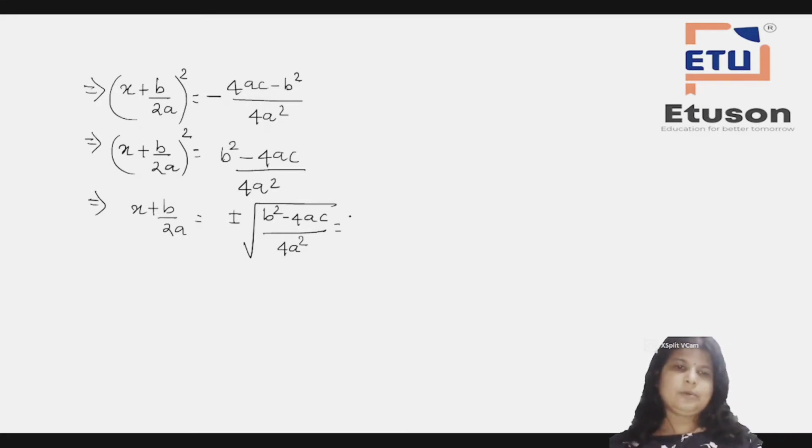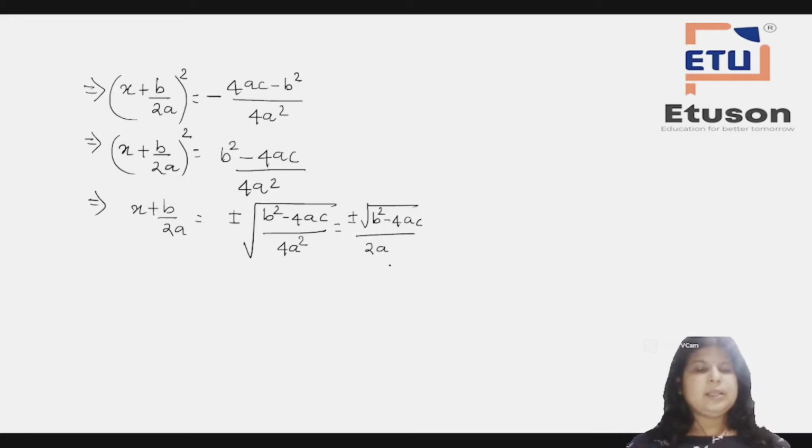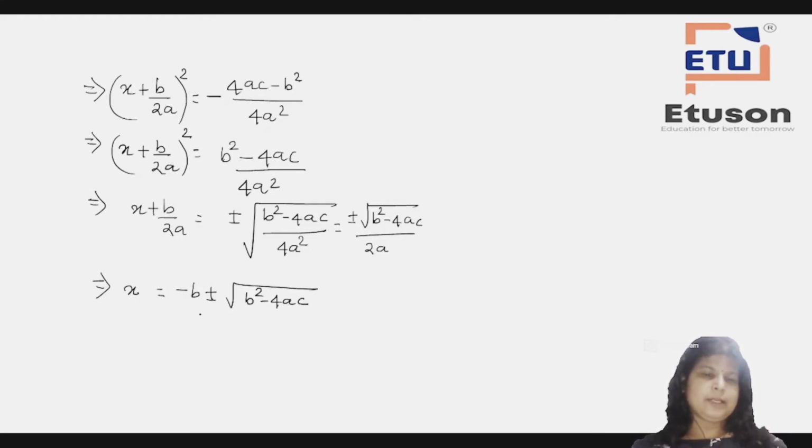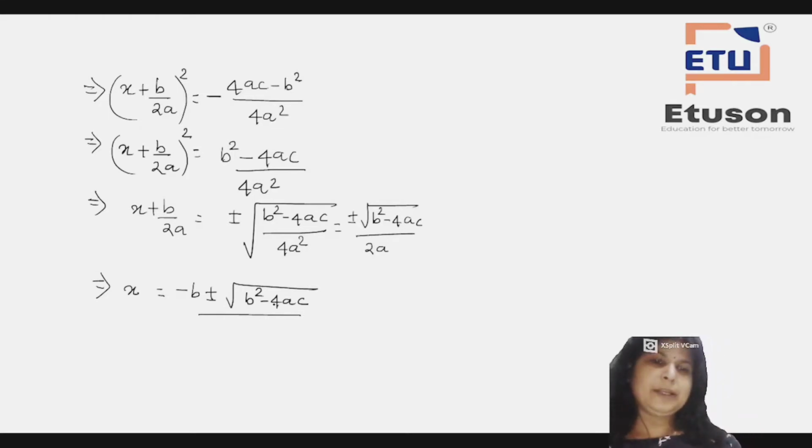So that is equal to plus or minus square root of b square minus 4ac divided by 2a. Correct? So it implies x will be equal to minus b plus or minus square root of b square minus 4ac divided by 2a.